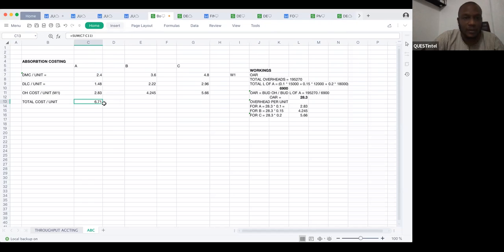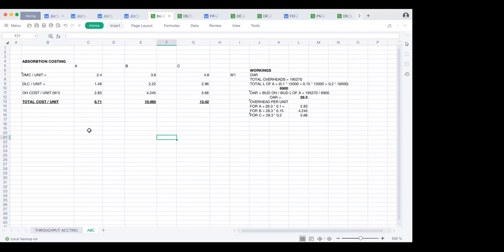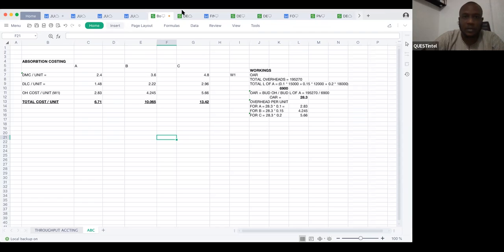So that gives us this. And then we can get that figure for the other two. So that's our total cost per unit. And the absorption costing one is straightforward. Now let's look at activity-based costing.